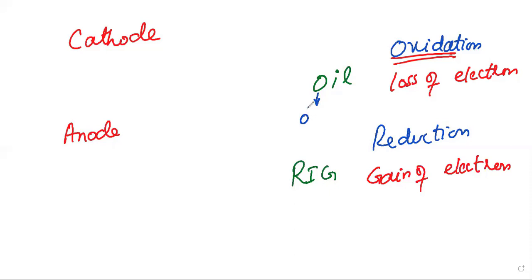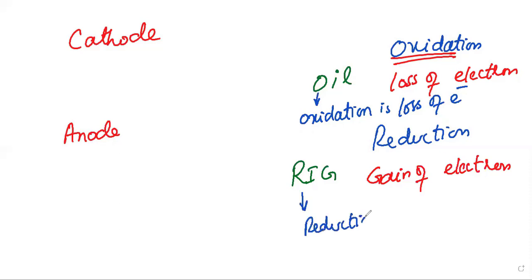Oxidation is loss. Loss of what? Loss of electrons. And reduction is gain. Gain of what? Gain of electrons. So, all right.